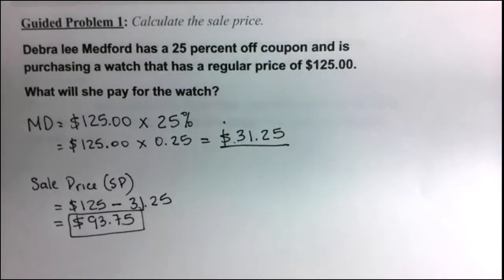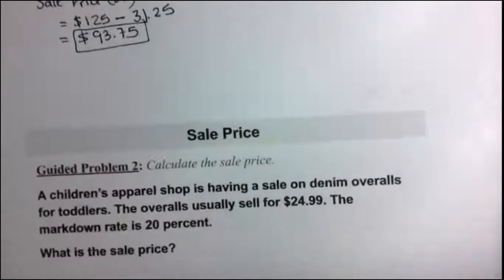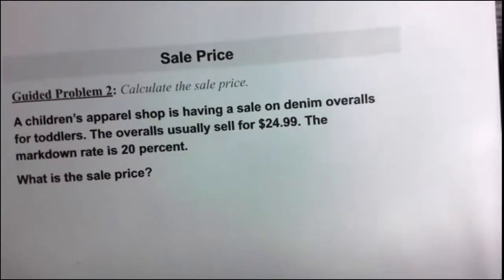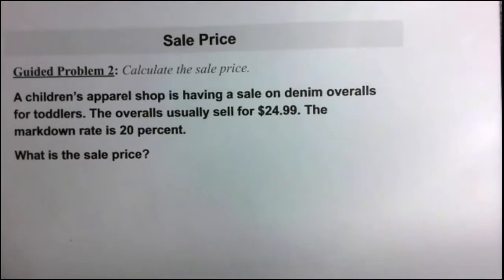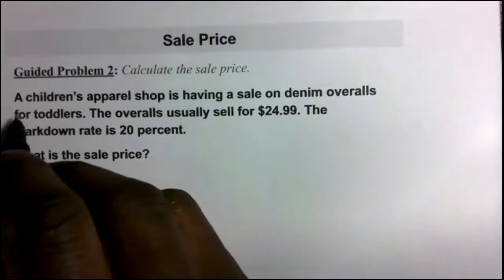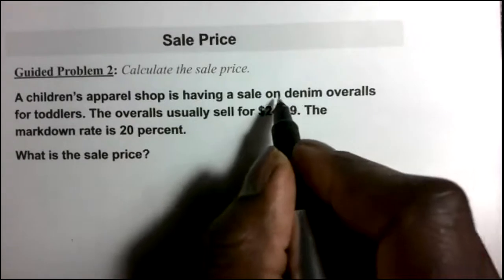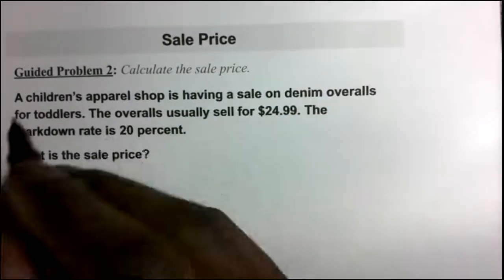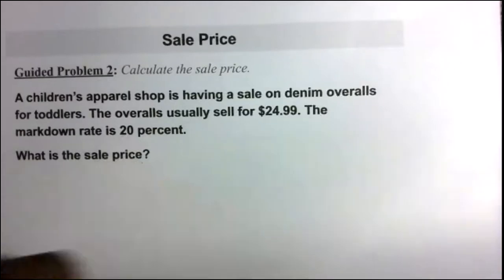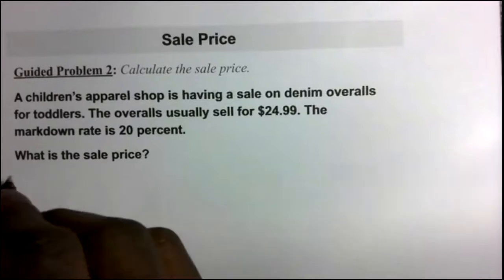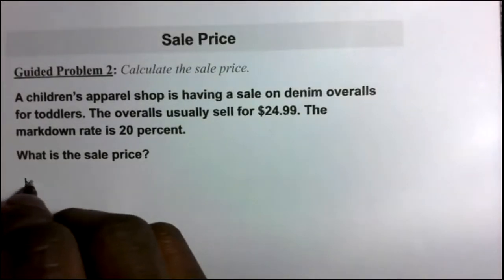So let's look at another example. Example 2. And remember, you can always go back and replay the video if you need help. A child's apparel shop is having a sale on overalls for toddlers. The overalls usually sell for $24.99. The markdown rate is 20%. What is the sales price? Again, I have to find my markdown first.